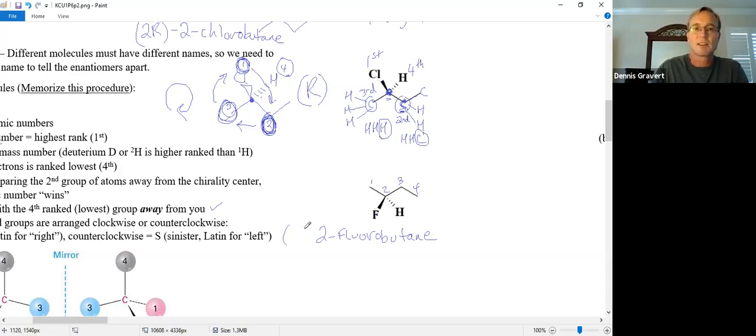I think I'm done, but why is this wedge bond here in the dash? Because there's a chirality center. So I need to assign the configuration. Okay, I'm gonna redraw this because I'm afraid I might mess up and think the numbering of the chain, I might forget that that's numbering the chain and get confused with ranking of the groups.